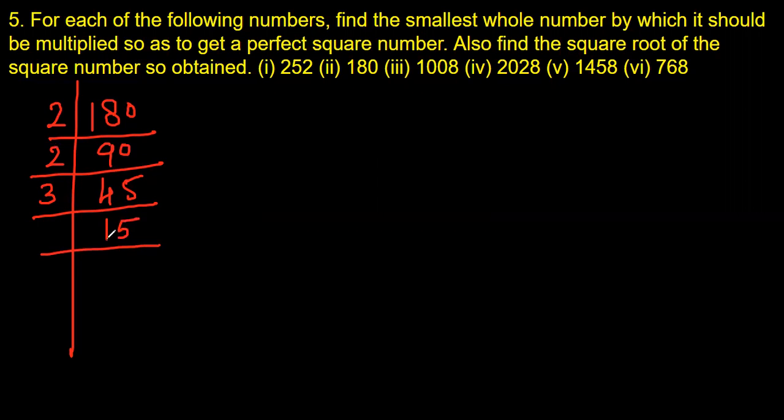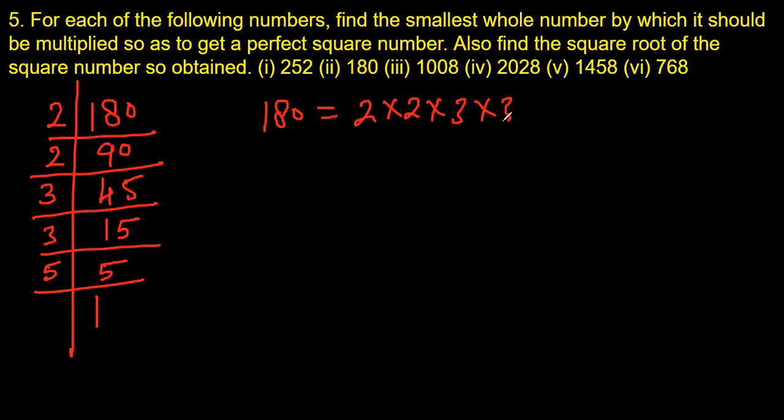Again divisible by 3, 5. Now 5 and 1. So the prime factors of 180 are 2 multiplied by 2 multiplied by 3 multiplied by 3 and 5.